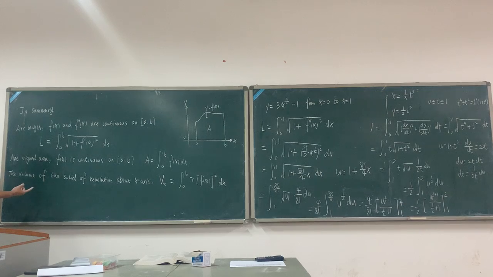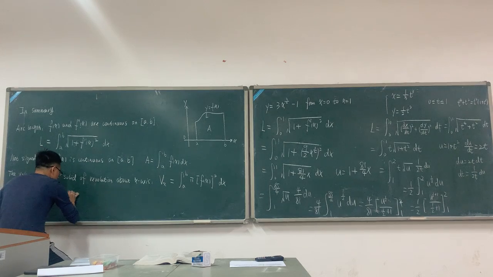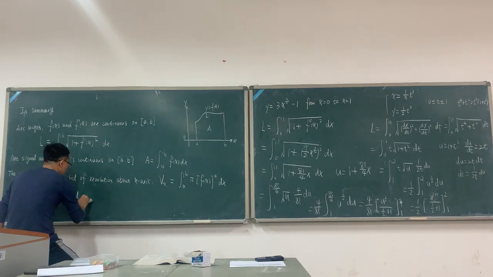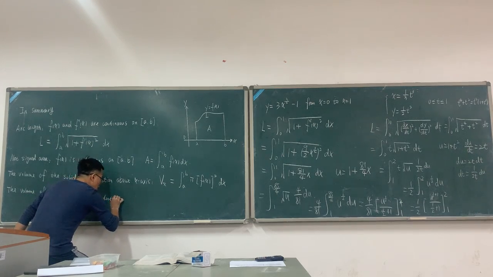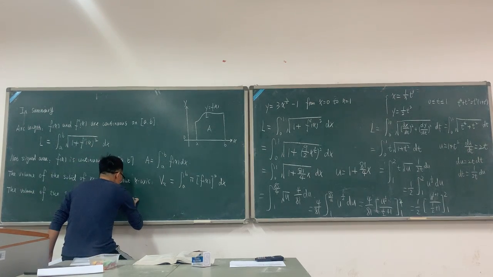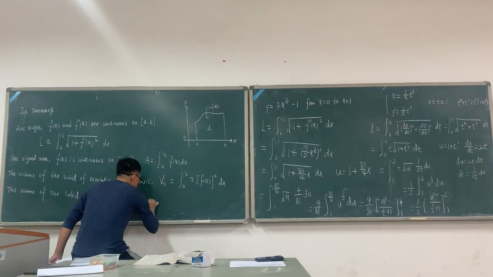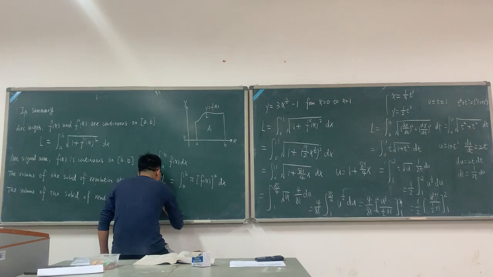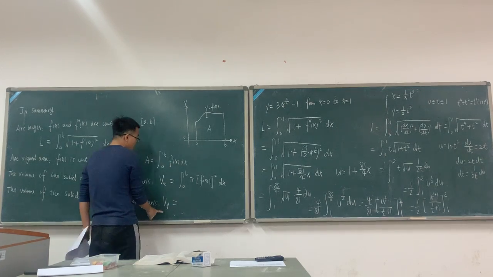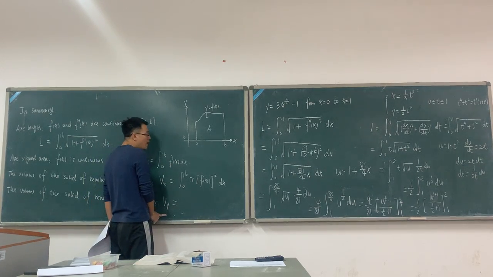The fourth is the volume of the solid of revolution about the y-axis. Vy means the revolution about the y-axis.